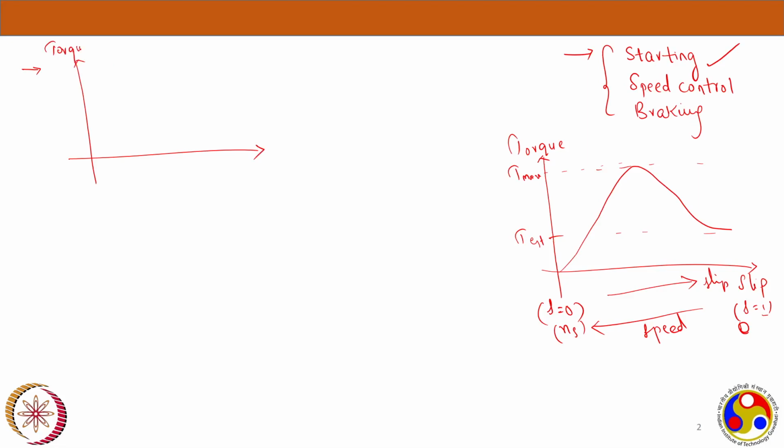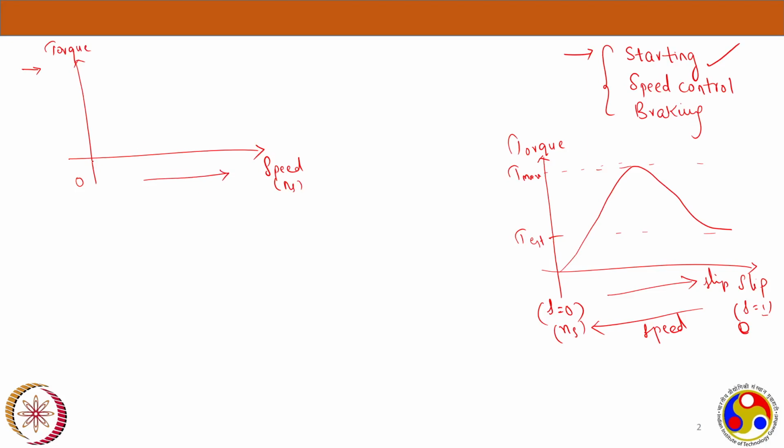This is torque and this is speed here. If we increase from here, the speed is now 0 here and here it will be ns. From here to here speed is increasing.